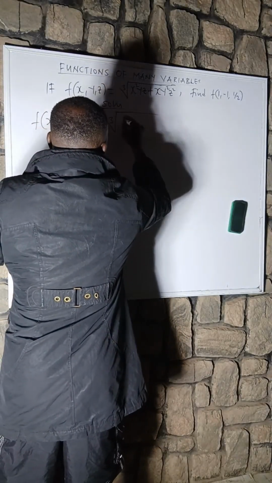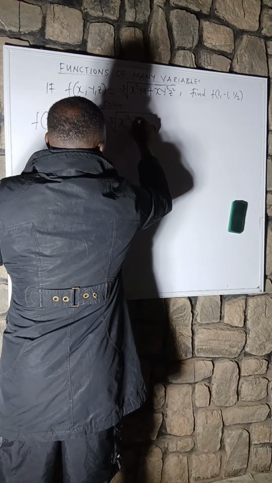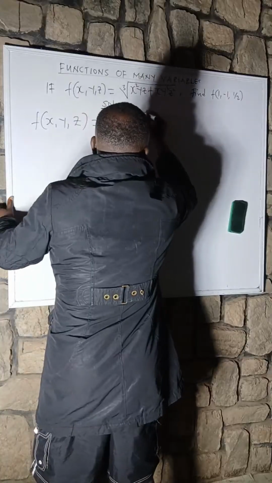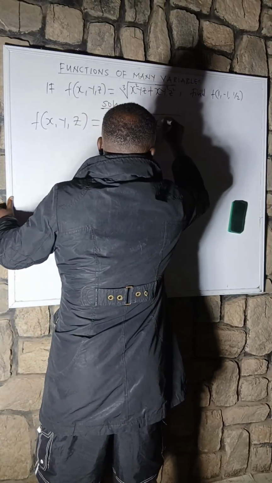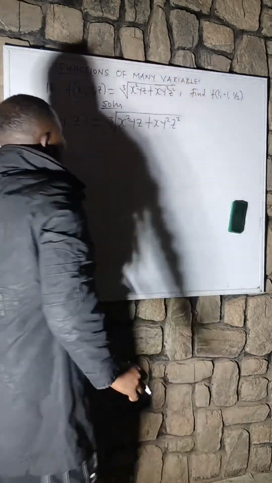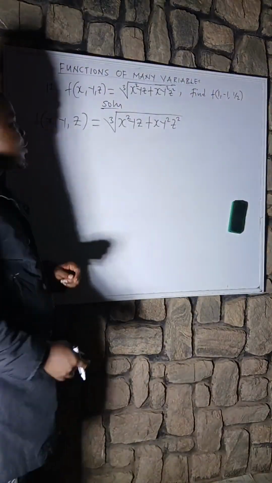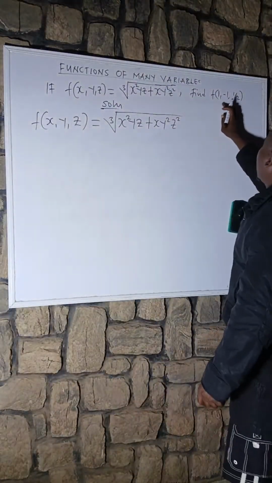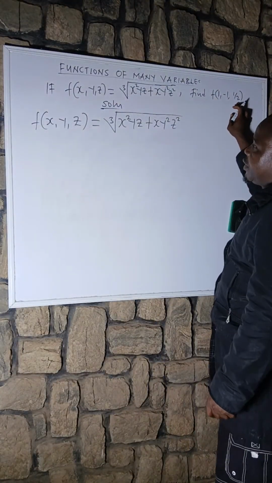So here we have the function f of x, y, z is equal to the cube root of x squared yz plus x y squared z squared. Now what we need to do is find f of 1, minus 1, 1 all over 2, right?